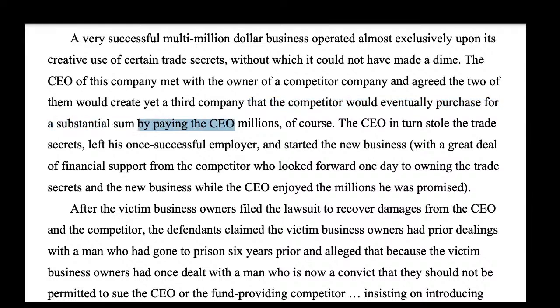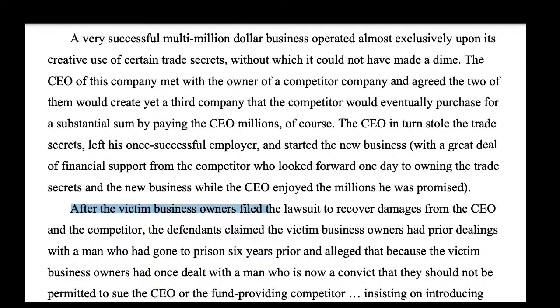By paying the CEO millions, of course. The CEO, in turn, stole the trade secrets, left his once successful employer, and started the new business with a great deal of financial support from the competitor, who looked forward one day to owning the trade secrets and the new business while the CEO enjoyed the millions he was promised.